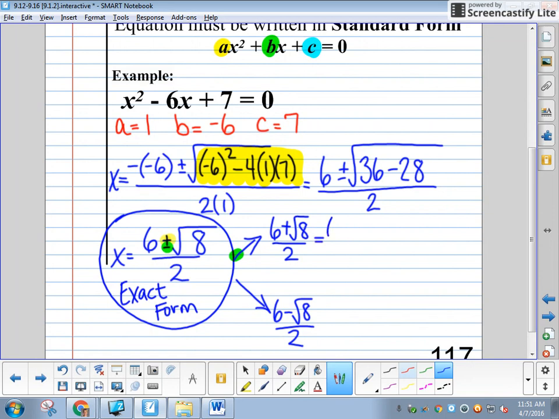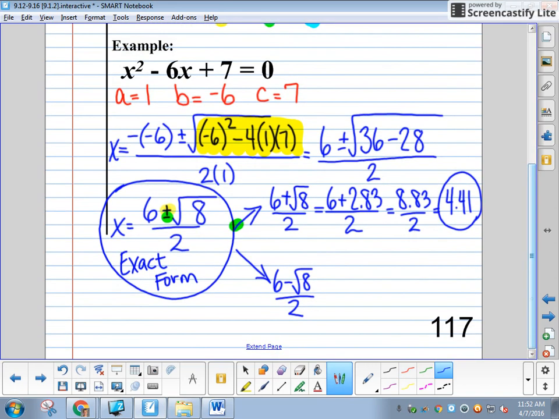So this means I'm going 6 plus 2.83 divided by 2. So that would be 6 plus 2.83 is 8.83 divided by 2. And then if I divide that by 2, I get 4.41. So there's one of my answers in approximate form.